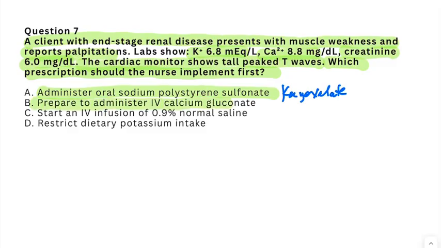Letter B, prepare to administer IV calcium gluconate. Letter C, start an IV infusion of normal saline. Or letter D, restrict dietary potassium intake. So what's your answer in this particular question?